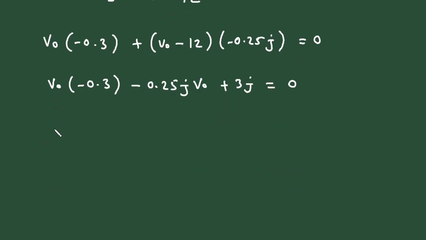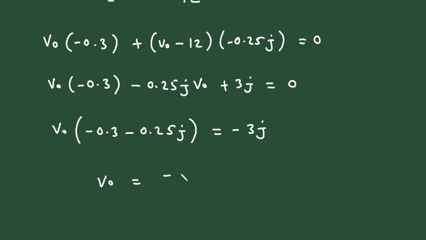We can take this VO common. Now it will be minus 0.3 minus 0.25j, and this is equal to minus 3j. So VO is equal to minus 3j divided by minus 0.3 minus 0.25j.